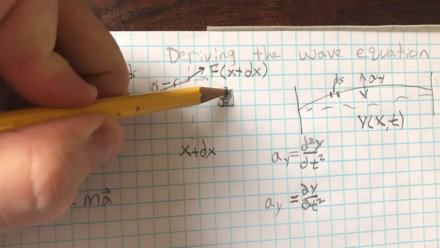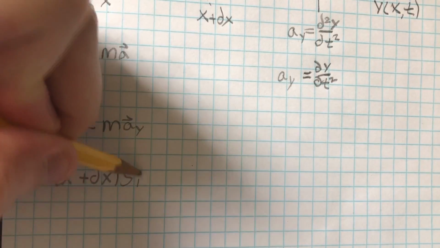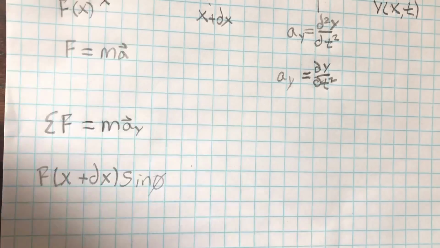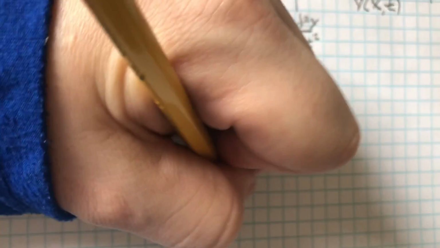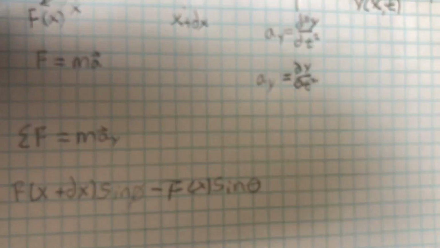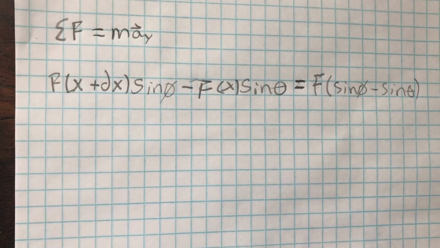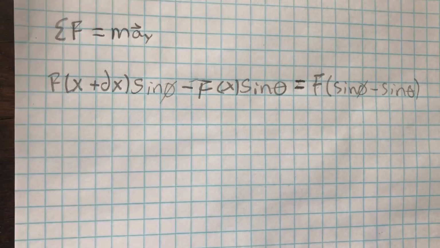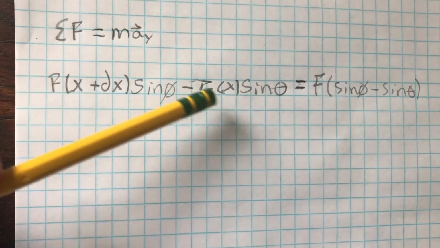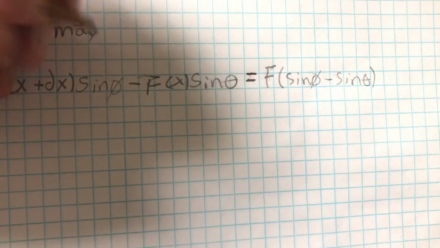We want this, so we have to do it in terms of the others. So we have to put a sine phi right there, minus f of x sine theta. And since the forces are going to be the same because the string is the same density, it's now denoted as F, and we've distributed the F out. So that's what I'm going to write now.